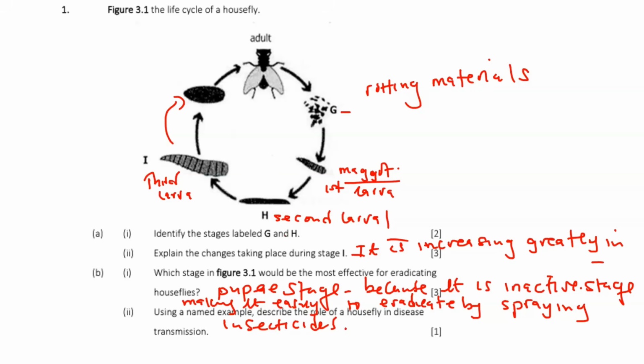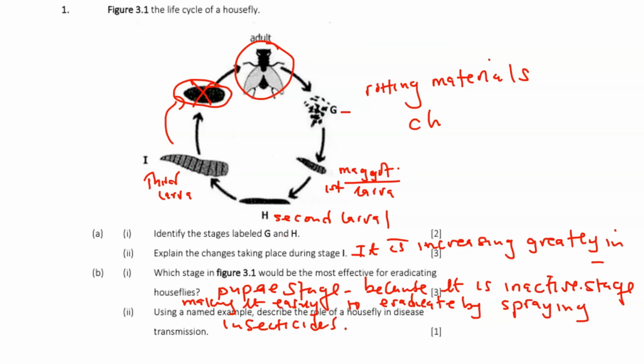And of course the other thing is that this stage is not able to reproduce. So by eliminating this stage, you are reducing even the number of adult houseflies that would come into existence. That also means you are reducing the diseases that the fly might spread, such as cholera.